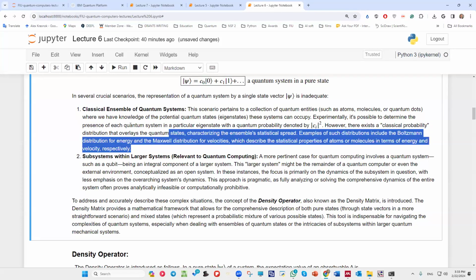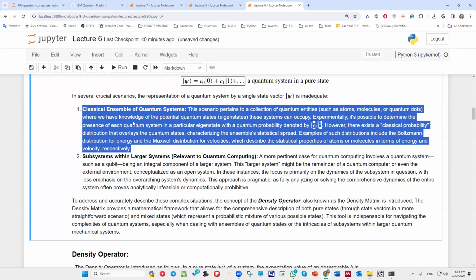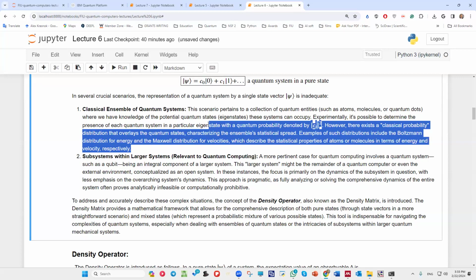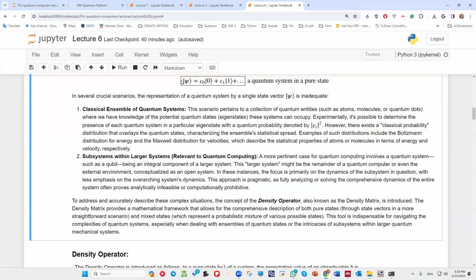Okay, so this is the first example when we need mixed states. The quantum state of this gas, the ensemble of molecules, atoms, cannot be represented by only a pure state. We need something else. We need to bring in the mixed state description.